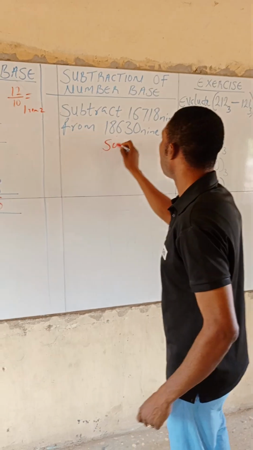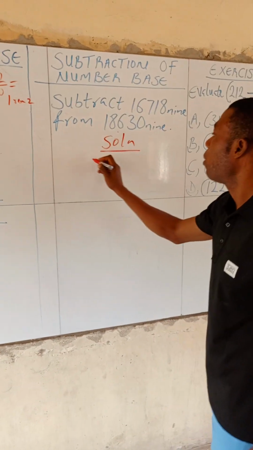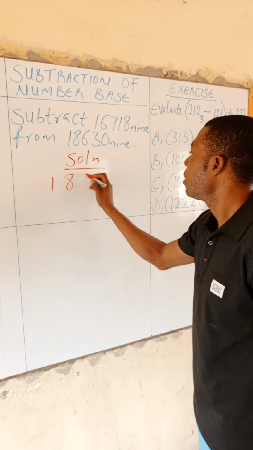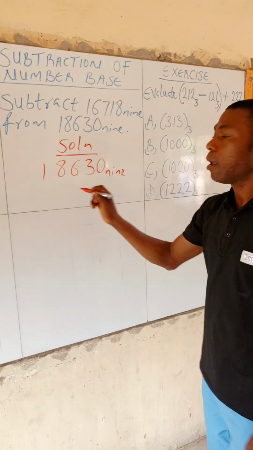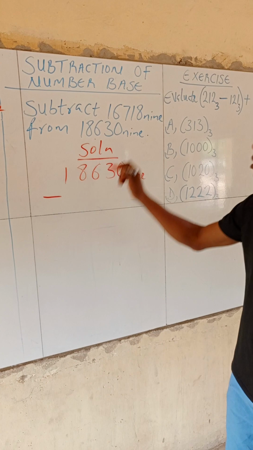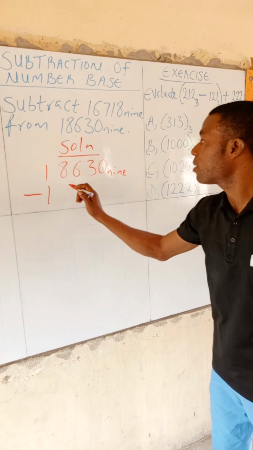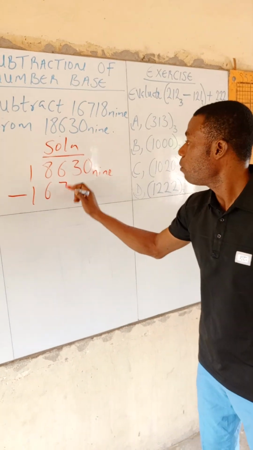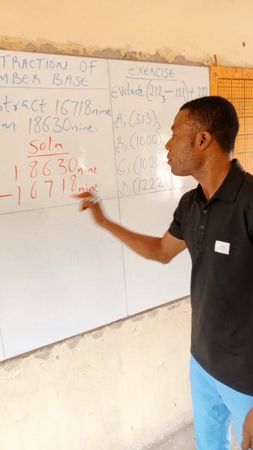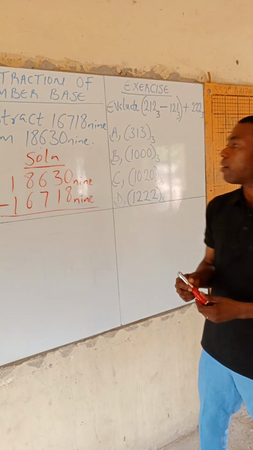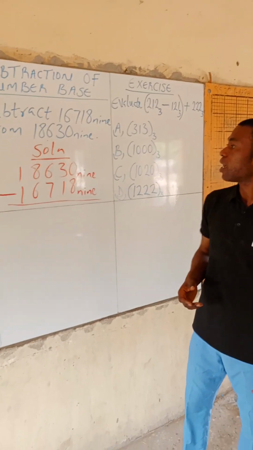Then we have the solution as 18630 base 9 minus 16718 base 9.